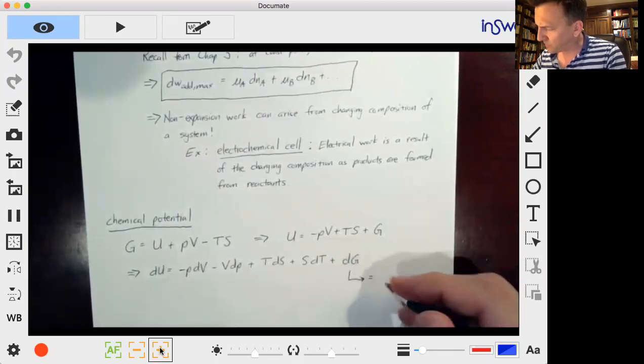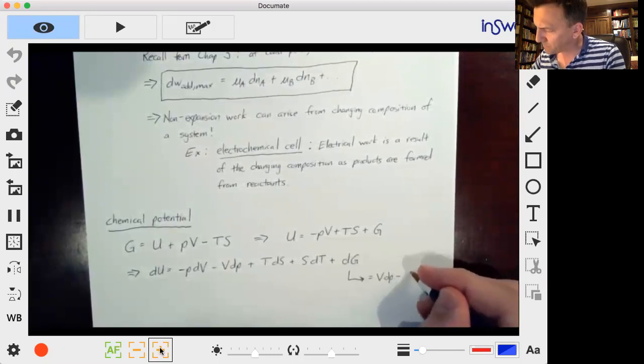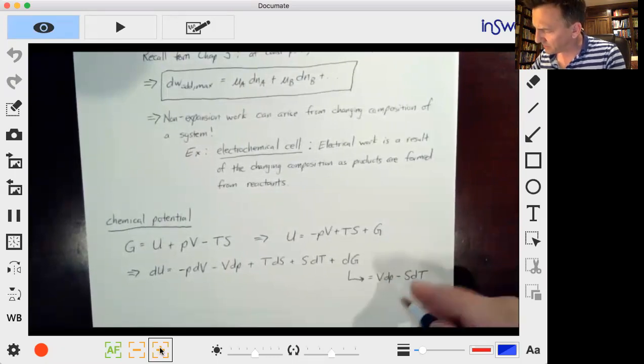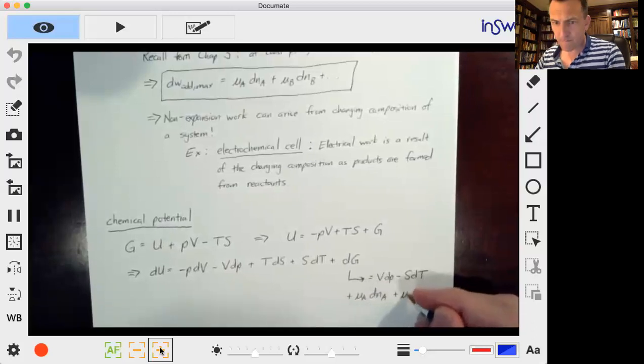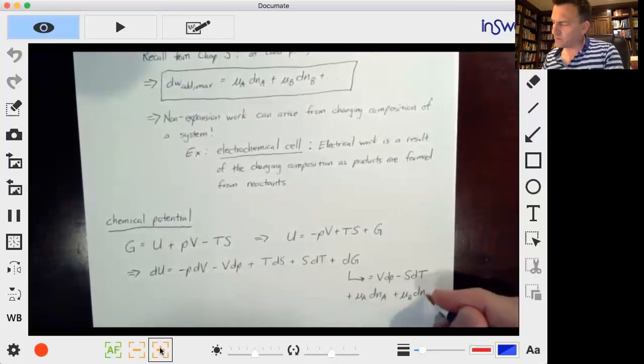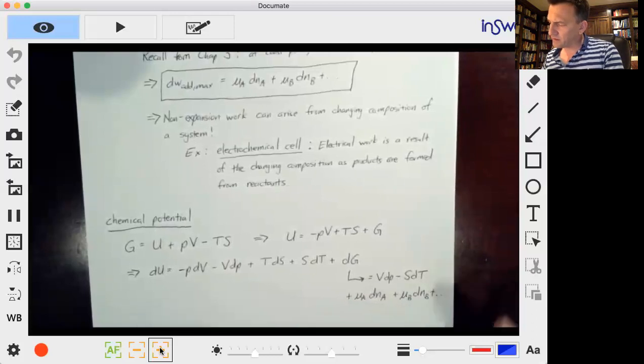And I mean the more general formula that we just came up with. I'm kind of running out of space. And when I do this, you can see that there's some cancellations. For one thing, this VdP inside the dG is going to cancel with the minus VdP outside.